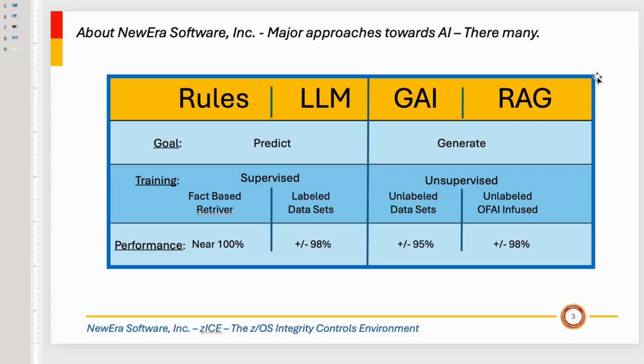In the case of rule-based models, they turned out to be fact-based retrievers. In the case of large language models, they tend to be based on labeled data sets, that is, large data sets that have been groomed, cleaned up for them to process through whatever process they are being trained with in order to come up with valid predictions.